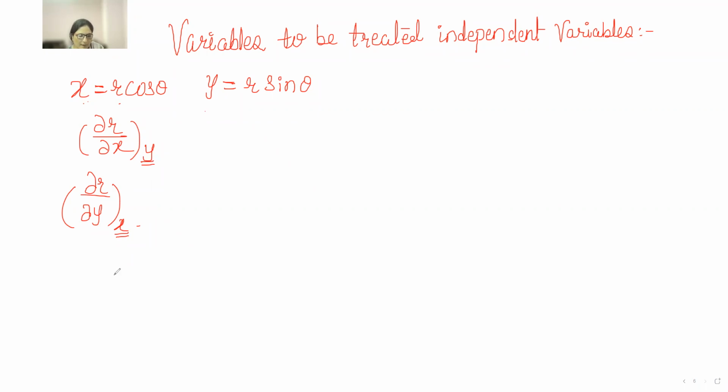Look at this example: x is equal to r cos theta, y is equal to r sin theta. Now we have to find dou r by dou x treating y as an independent variable and dou r by dou y keeping x as an independent variable.